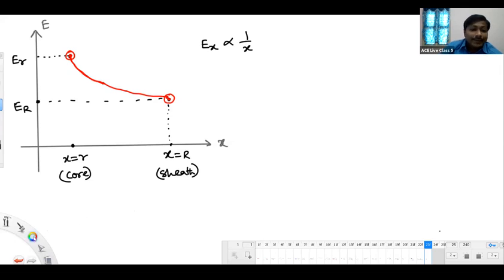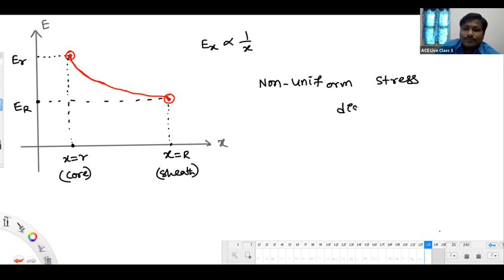Else you can say we have a non-uniform distribution of field intensity, or the dielectric material kept between core and sheath is non-uniformly stressed. So there is a non-uniform stress distribution in the cable cross section.